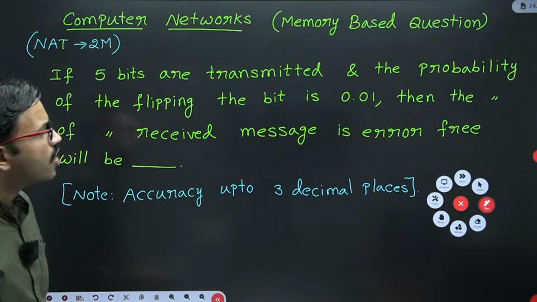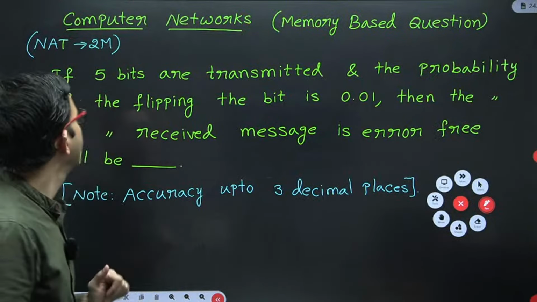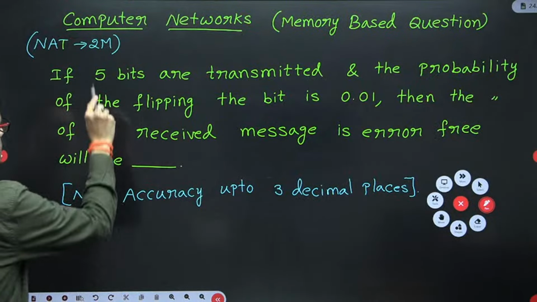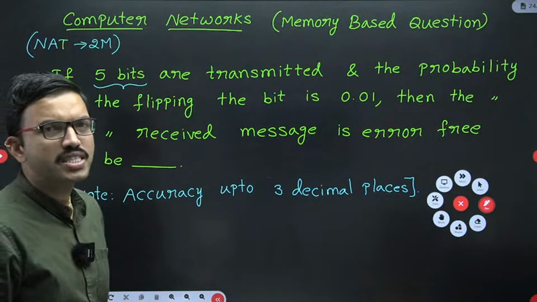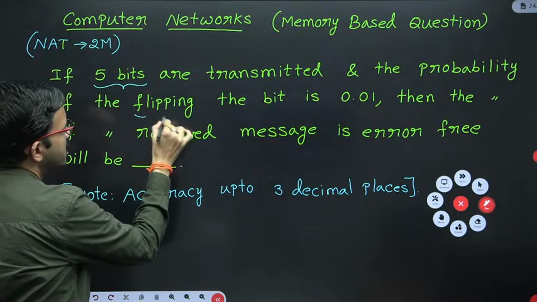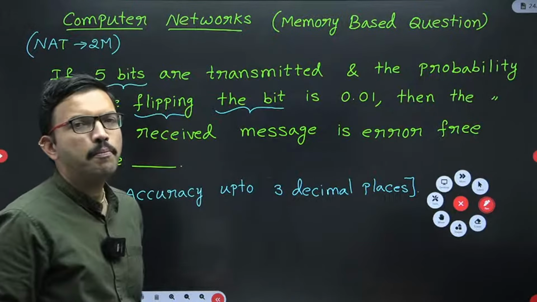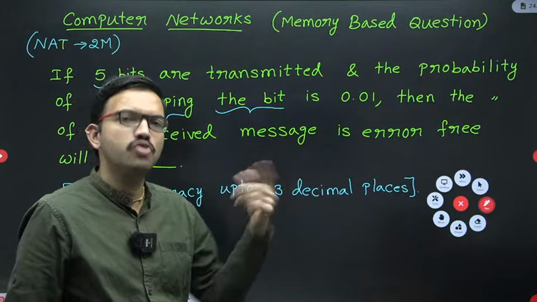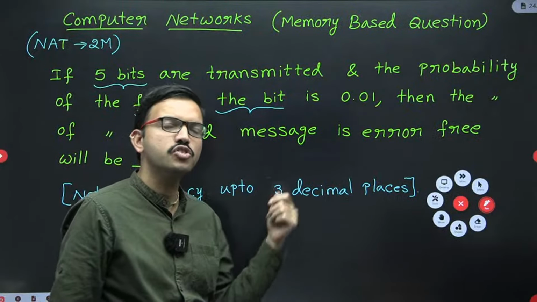You can solve this question in 2 methods, and I will be discussing both. Observe here that the total number of bits transmitted is 5, and the probability of flipping the bit means that whatever bit you transmitted, at the receiver you get the opposite. Suppose you transmitted 0, you get 1, or you transmitted 1, you get 0.